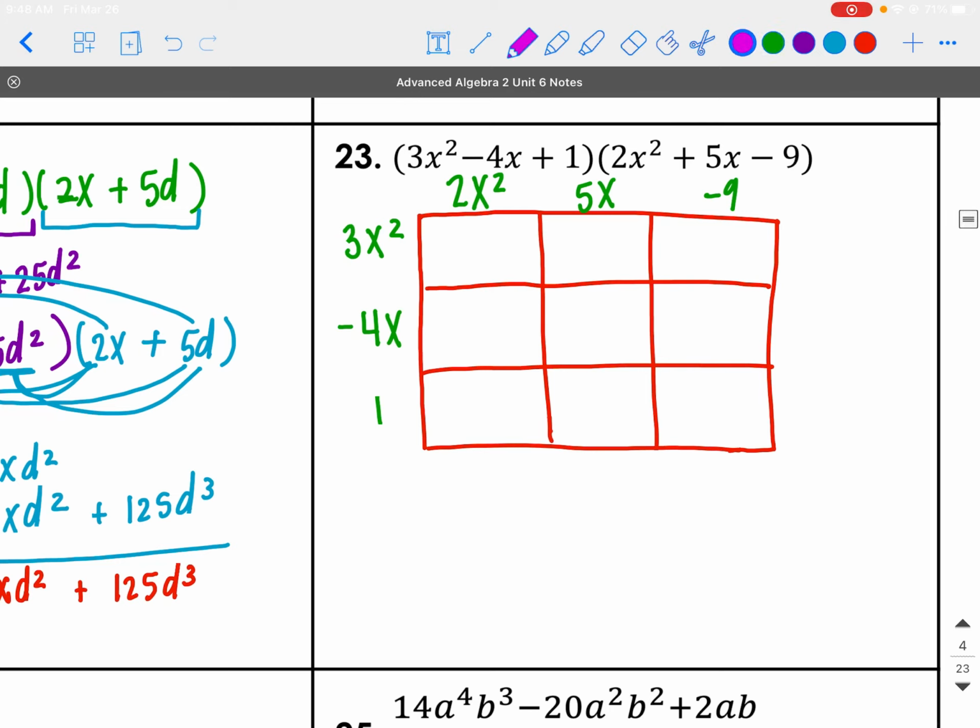And so inside my table, for example, this first box right here, we multiply what's to the left and what's above. So that would be 6x to the 4th. And if I go across that top row, I'm multiplying everything by 3x squared. So the next one would be 15x cubed, negative 27x squared.